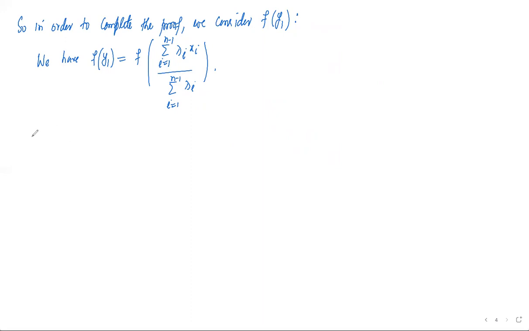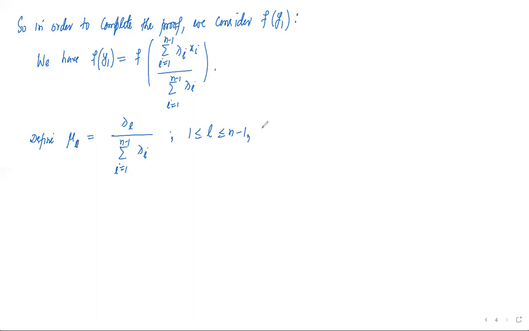And now for this thing, define mu L equal to lambda L divided by summation i running from 1 to n minus 1 lambda i, where the range of L is 1 less than or equal to L less than or equal to n minus 1. So in fact, we have now defined n minus 1 new constants.